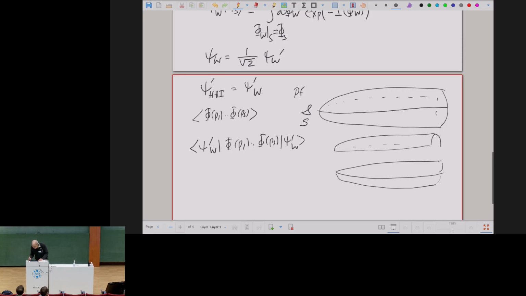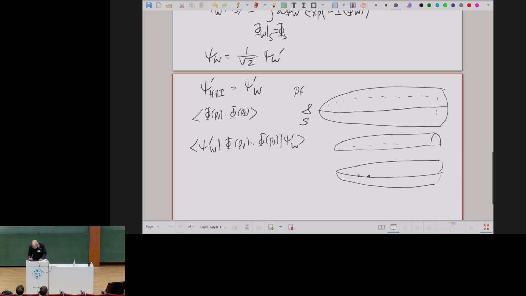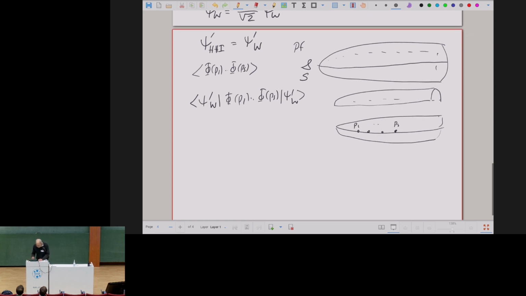If we just wanted the normalization of the state psi prime W, we would just glue the top and bottom together. But to calculate a path integral with operator insertions, we simply insert the operators on the points P1 up to PS before the gluing. And so therefore this is simply given by a path integral on the Euclidean Schwarzschild spacetime with those operator insertions.